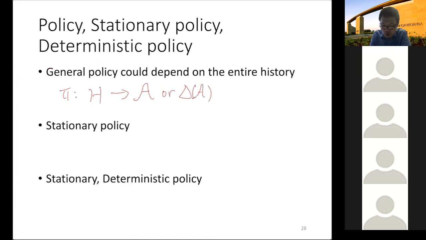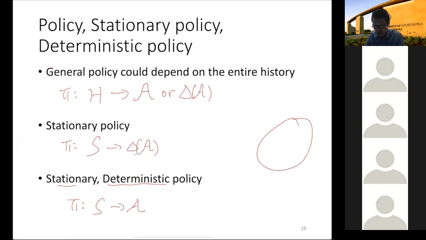The family of so-called stationary policies is all policies that use only your current state. And the family of stationary and deterministic policies maps the state directly to an action itself, rather than to a probability distribution. So this is the family of all policies, this is the family of stationary policies, and even within the stationary policies, this is the family of stationary and deterministic policies.